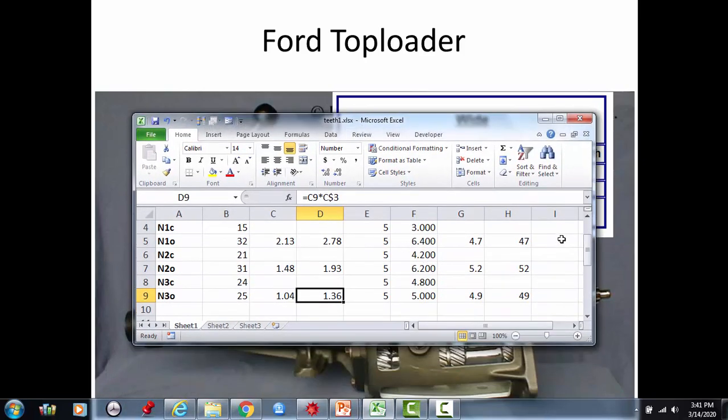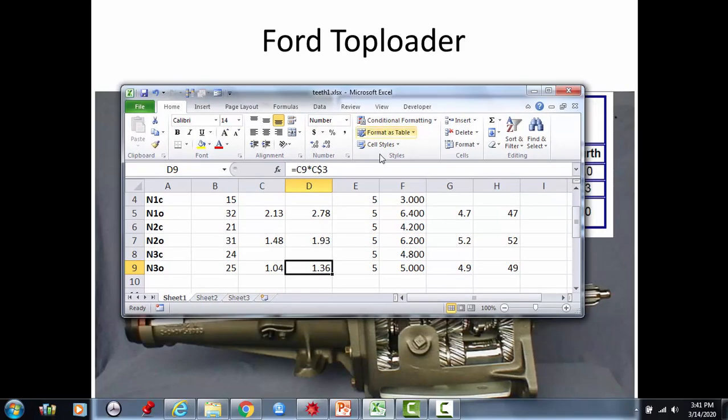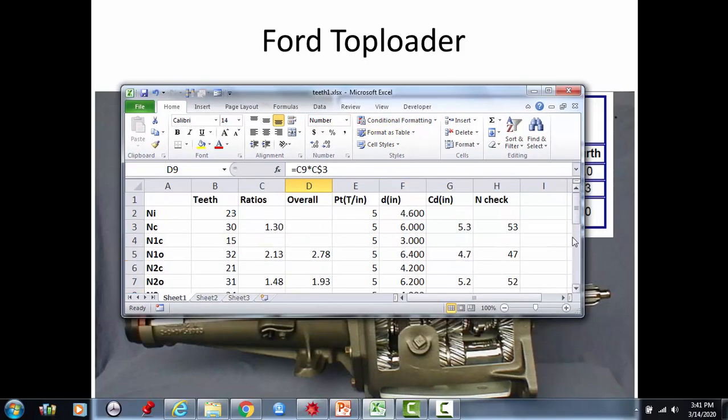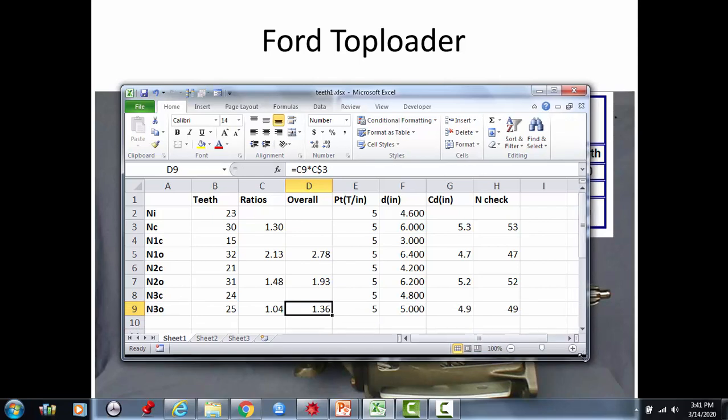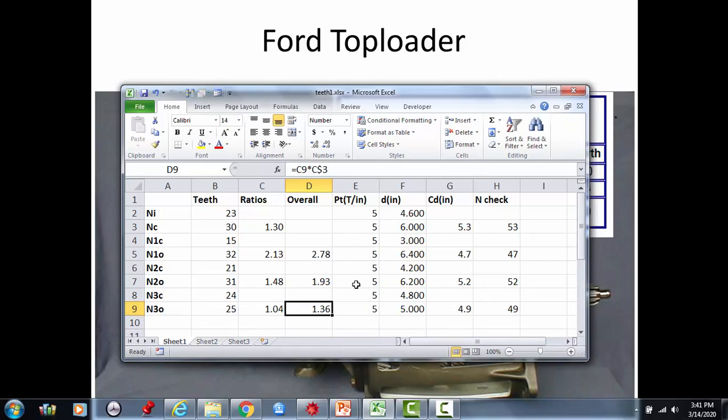So isn't that interesting? It seems as though the center distances don't match, so they must have different diametral pitches on these, because the tooth numbers don't seem to be adding up. I've got B4 plus B5, and that one is B3 and B2. Yeah, it doesn't look like it.